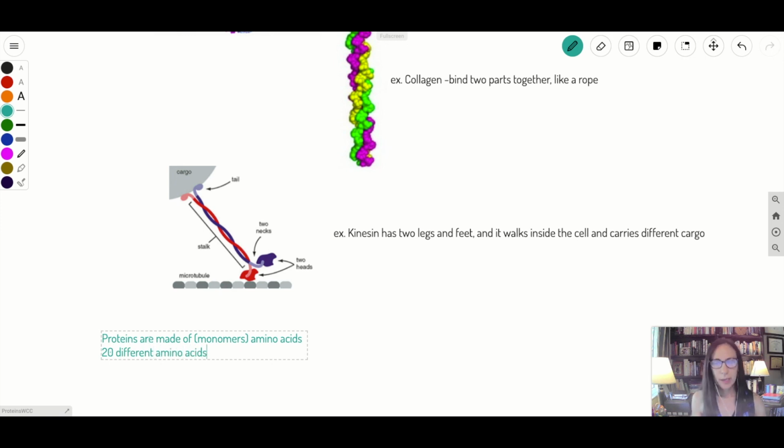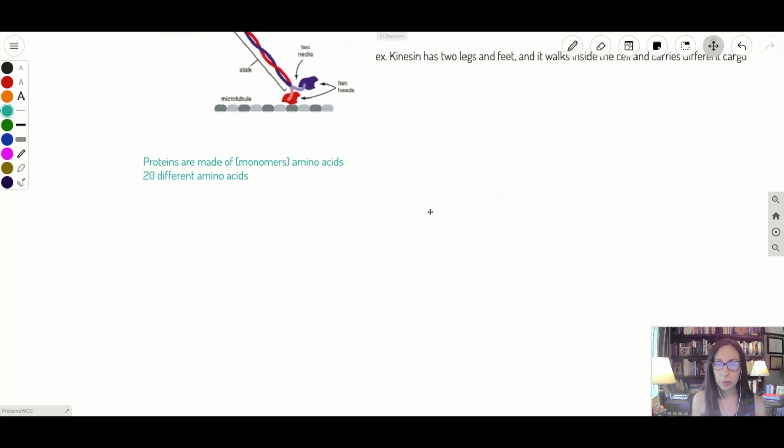Each amino acid has a basic chemical structure, and I'm going to draw that. In the middle of each amino acid there is a central carbon.